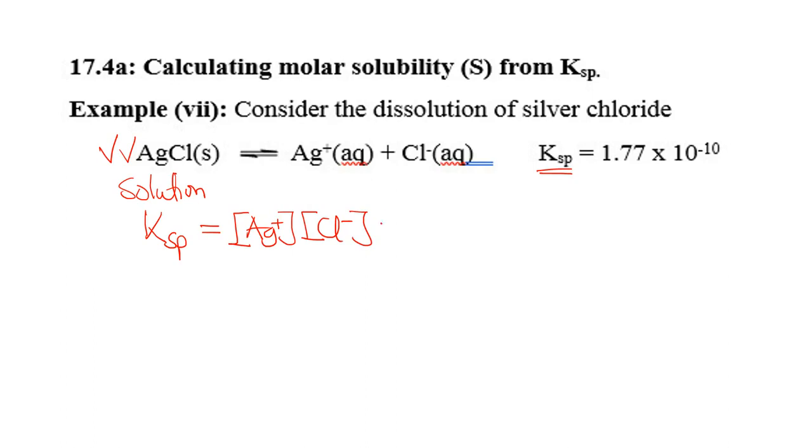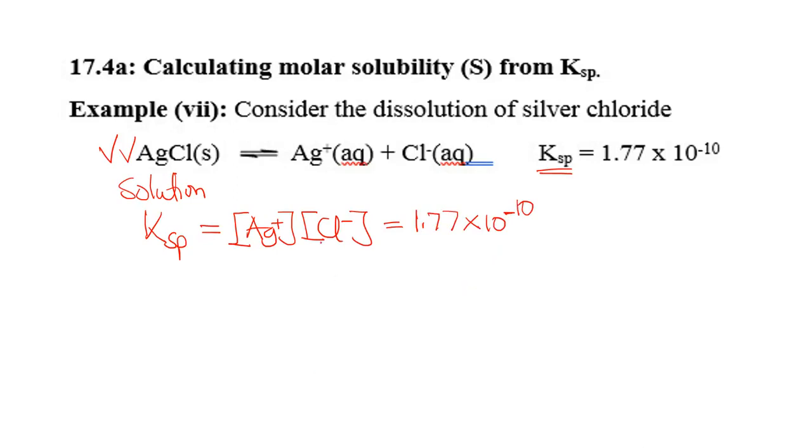But the KSP here is equal to 1.77 times 10 to the power negative 10.